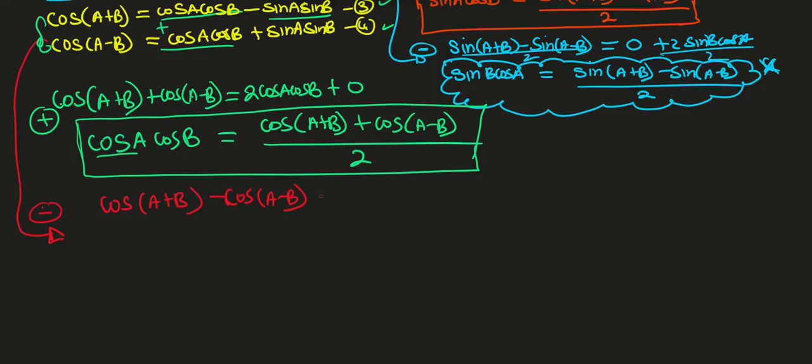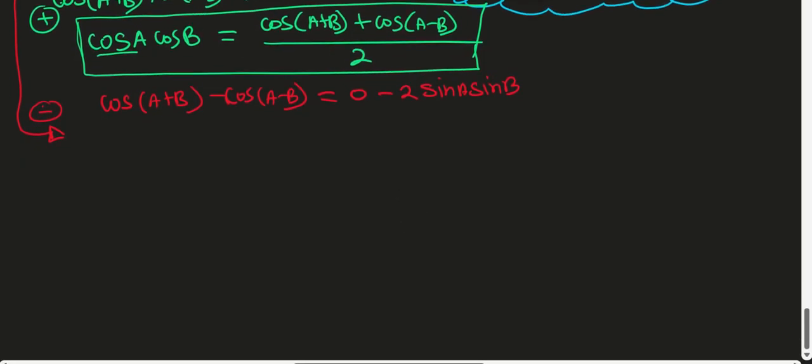All of this is equal to, if we subtract, cos A cos B minus cos A cos B gives us 0. If we subtract those ones, it becomes minus sine A sine B minus sine A sine B.